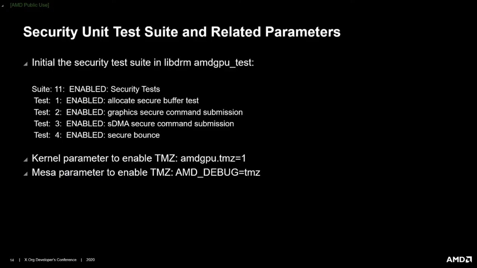For now, they are still in progress upstream. And please note, we use the TMZ kernel parameter in the amdgpu kernel module and set the AMD debug environment variable to TMZ to enable this feature.